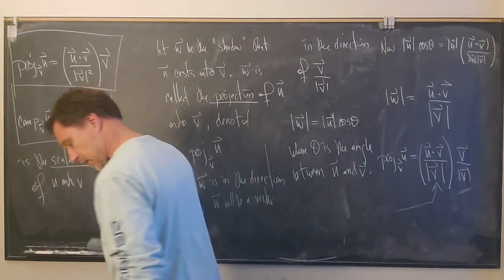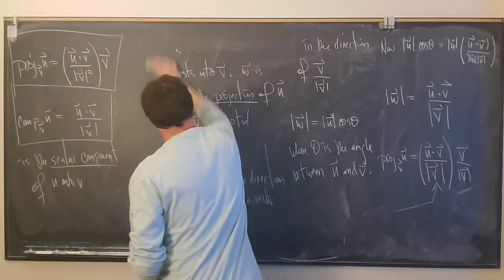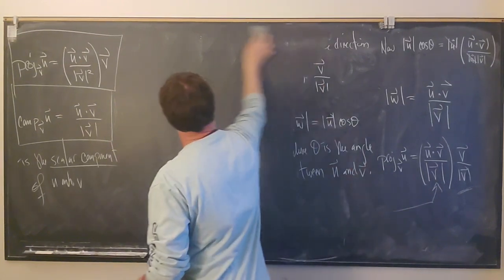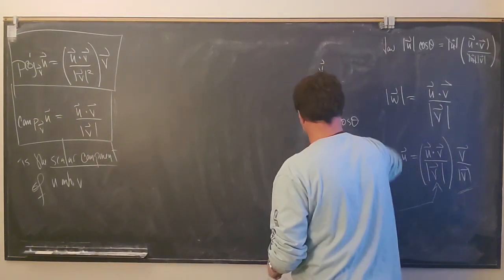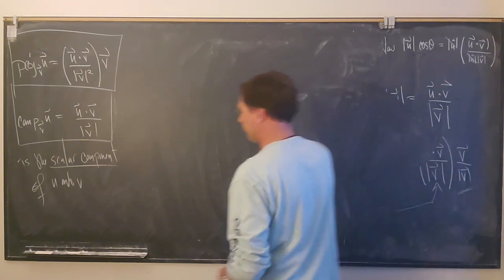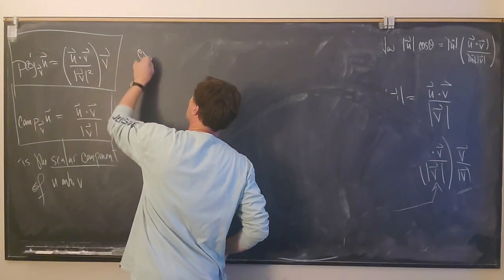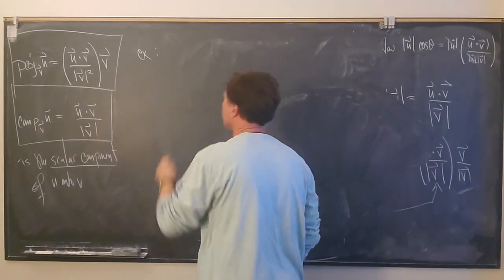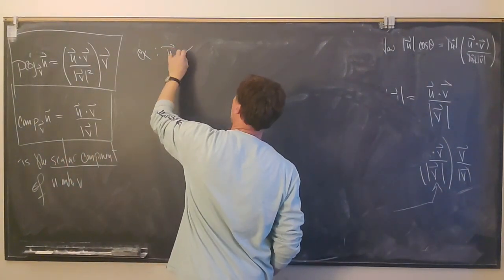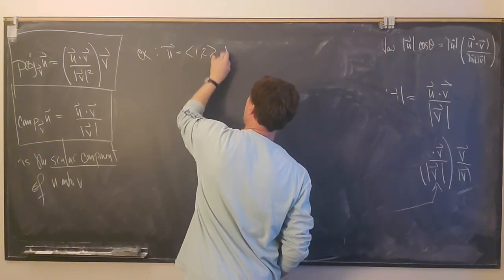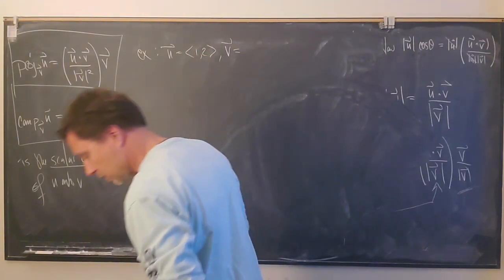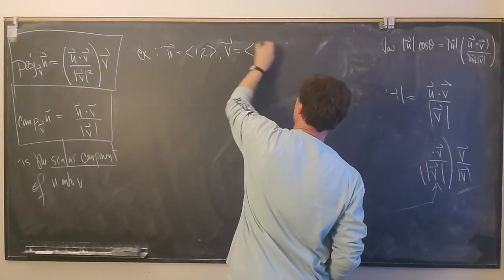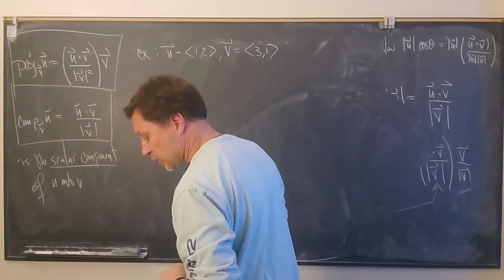Okay, so let's just try an example. So let's say u is 1, 2, and v is 3, 1. Let's compute the projection of u onto v.